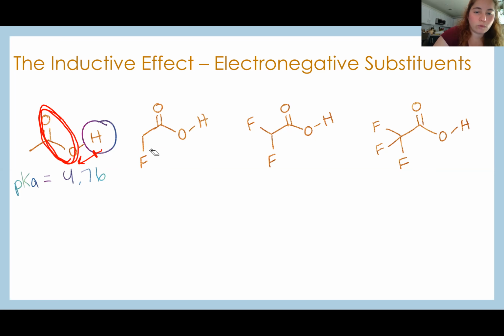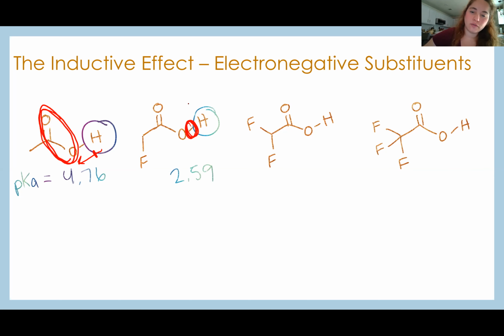And when we do that, we're starting to pull electron density away from this bond a little bit. So we are weakening the OH bond. Is that going to increase or decrease the acidity of this compound? Increase? Yeah, that's going to make this compound more acidic. So the pKa of fluoroacetic acid is 2.59.